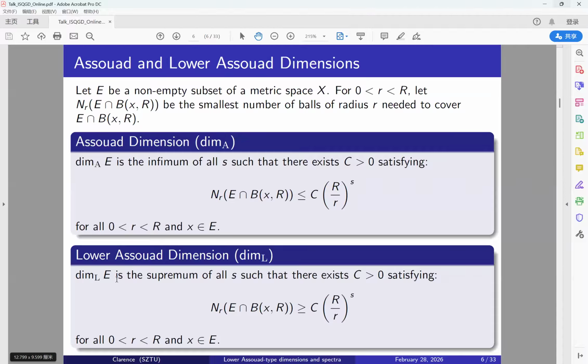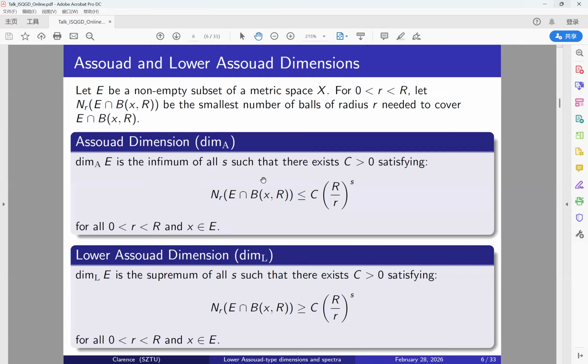And for the lower Assouad dimension, it's the supremum of all s such that the small r cover of the capital R ball can be bounded below by (R/r) to the exponent of s.